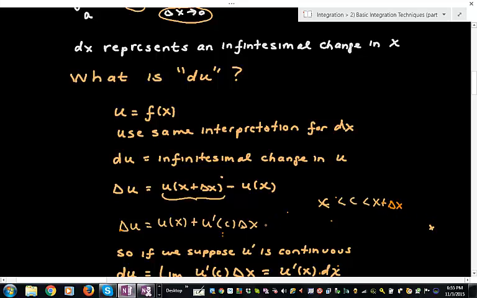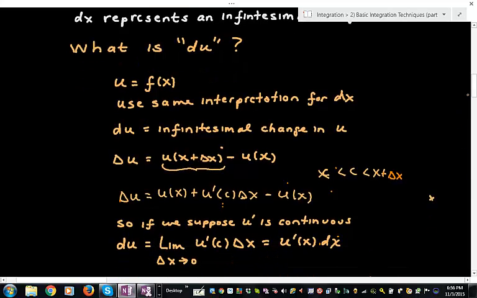Okay? And of course I'm going to have this minus u of x. And I see what's going to happen. These u of x's are going to cancel. And so I'm left with capital delta u as just being the derivative of u evaluated at c times delta x.